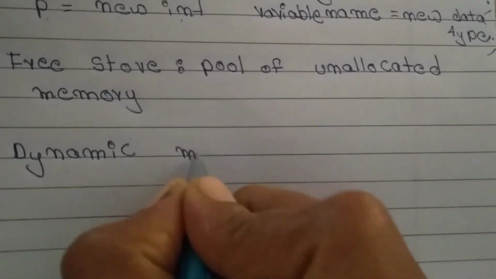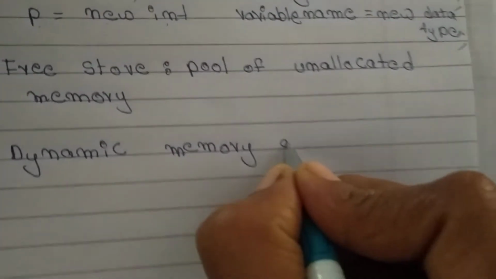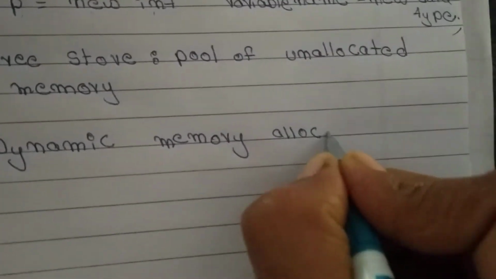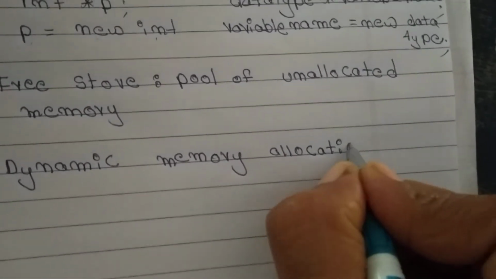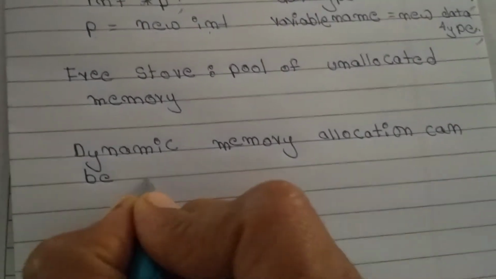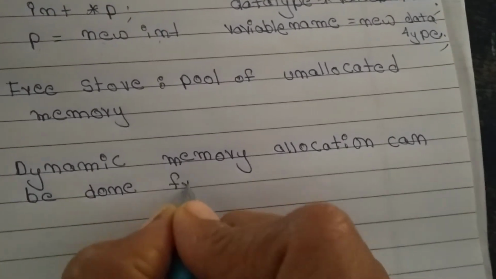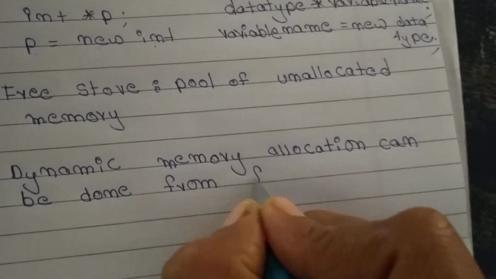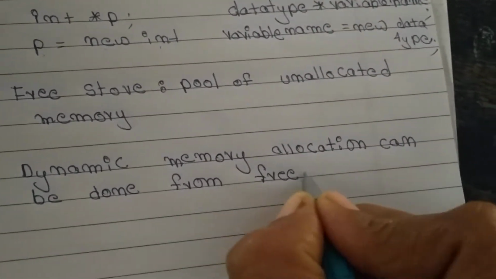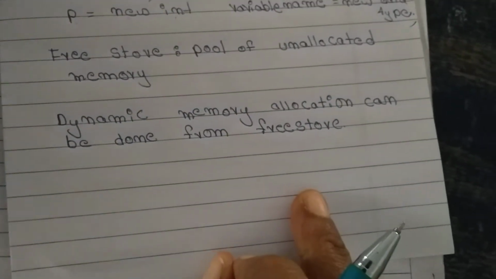Dynamic memory allocation, it's very easy students, it is not at all tough. Dynamic memory allocation can be done from free store. We want memory. From where we are getting memory? From free store.